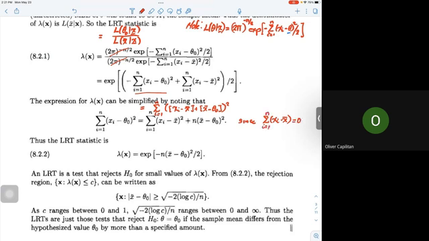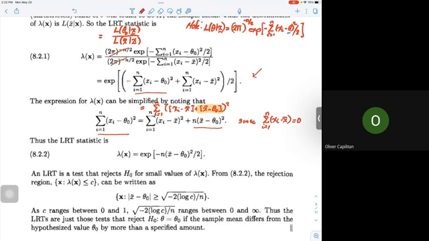So the middle term vanishes. The last term does not depend on the index of our summation, so that is why we have an n here: n times the square of x bar minus theta sub 0. So that's our result. If we substitute this expression, the summation of the square of x sub i minus x bar cancels, and what remains is only this in the expression above.